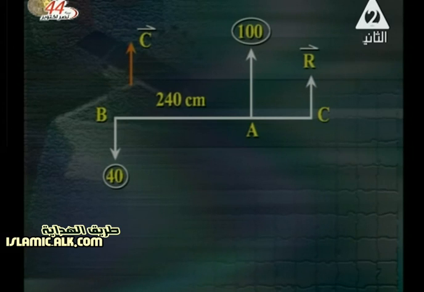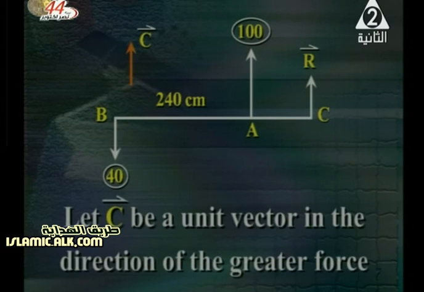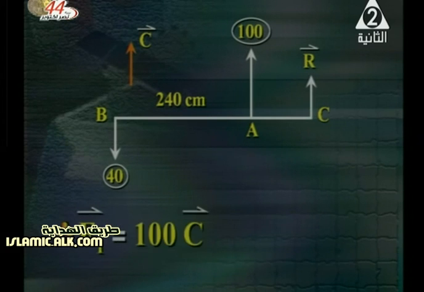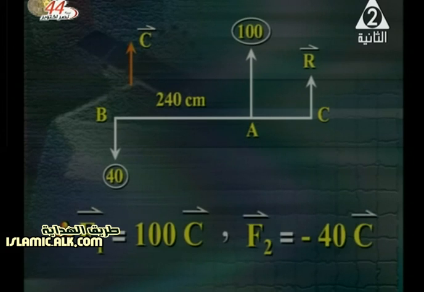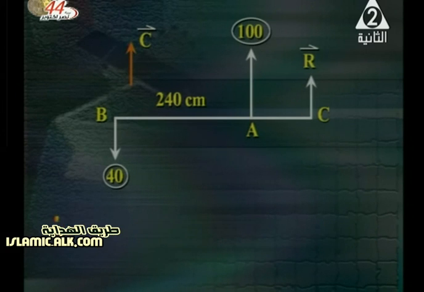Remember, dear student, look at C, the unit vector in the direction of the greater force, and the direction of the resultant force. F1 in this case equals 100C, F2 is in the opposite direction, so it equals negative 40C.